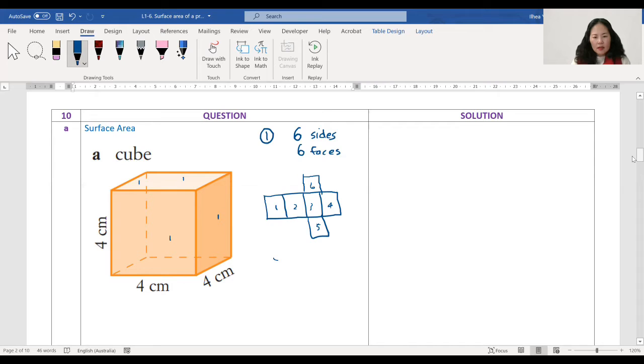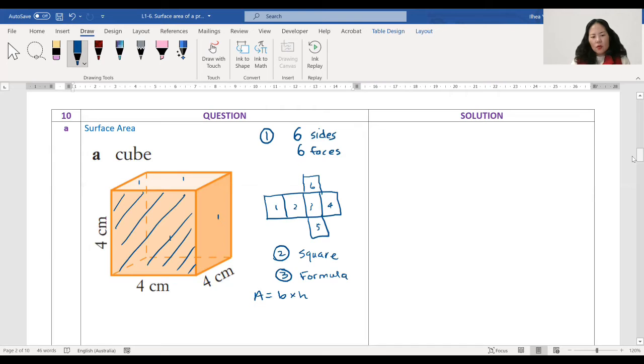Second question we have to ask was, are they all the same shape and same size? Yes, they are, because it's a square. Now, third one we have to think about is the formula. What's the formula for square? It's base times height, isn't it? So I'm just looking at this face, the front part of the solid.